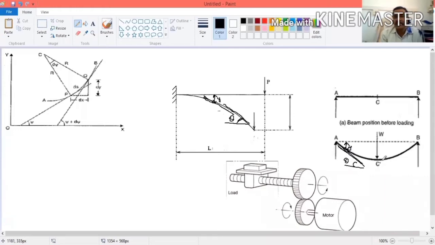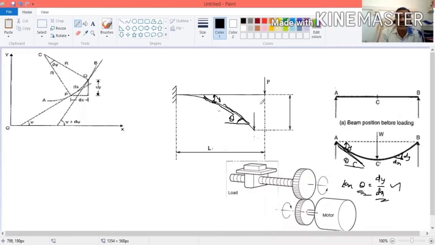Otherwise, another method is to take a small element at the point. This is dy and this is dx. So tan theta is equal to dy by dx. From this also you can find the slope theta. Otherwise, you draw a tangent and measure the angle theta. So these are two ways of measuring the slope.